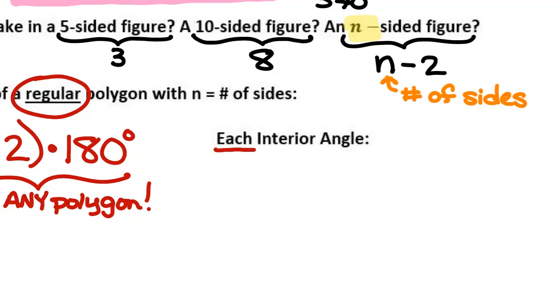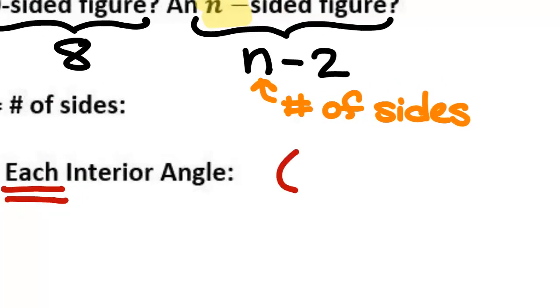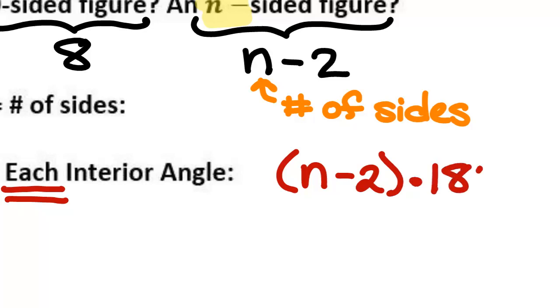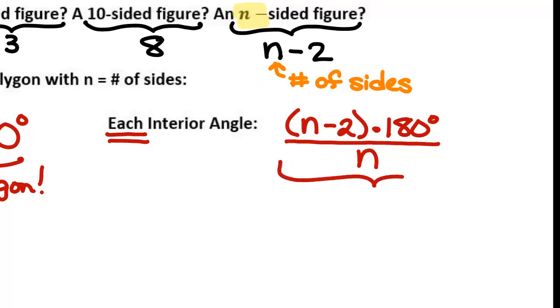If I want to know about each interior angle, well, first I need the sum. So n minus 2 times 180 gives me the total angle measures of the entire polygon. And then we're going to divide that by n. This only works for regular polygons.